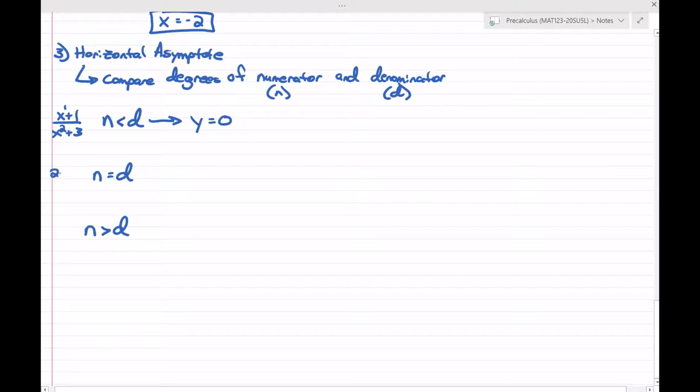But if they're equal, like let's say you have 2x plus 1 over x minus 1, see how the powers are equal?